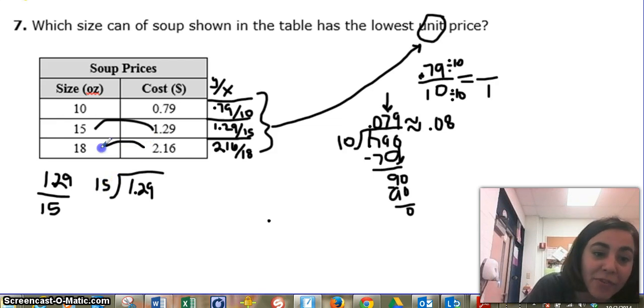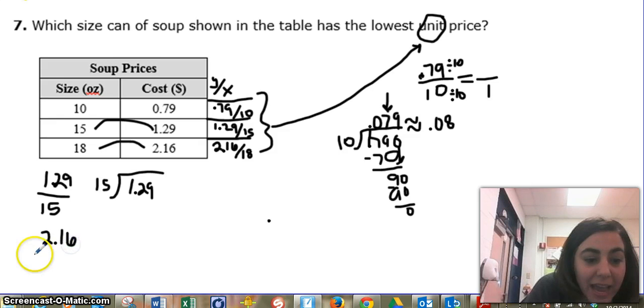Then you'll do the same for the bottom one. You would take your $2.16 and divide it by 18. My one hint to you is to please be careful with your decimals, to bring them straight up before you begin your division. Best of luck finishing.